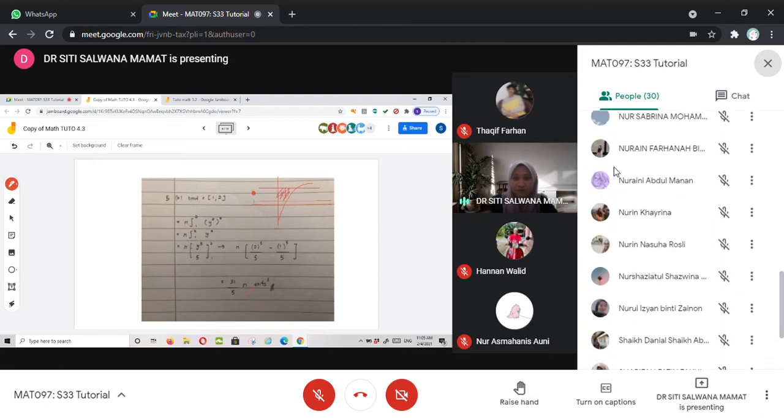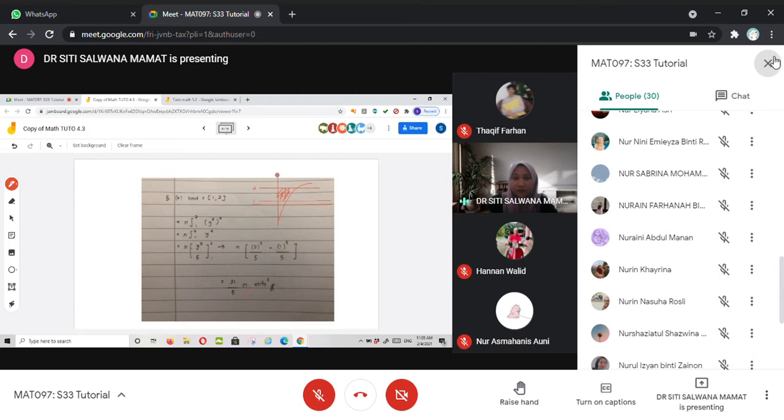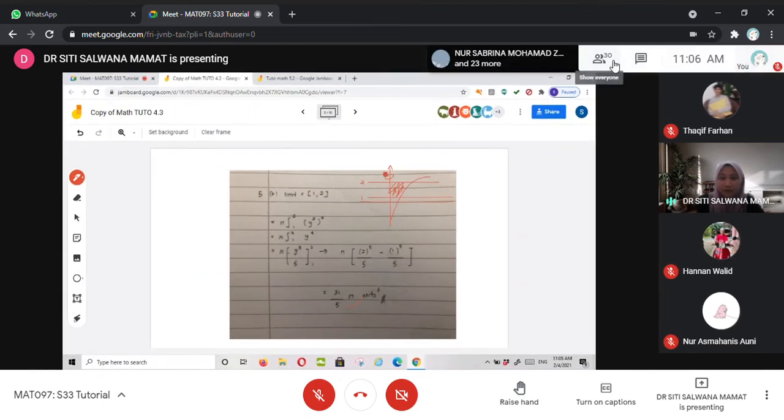From 1 to 2 you punya limit y axis, so kita rotate about y axis. Kalau dia rotate about y axis, this is by this method lah. So you tengoklah, this is you punya shaded region tadi, you rotate about this line, y axis.